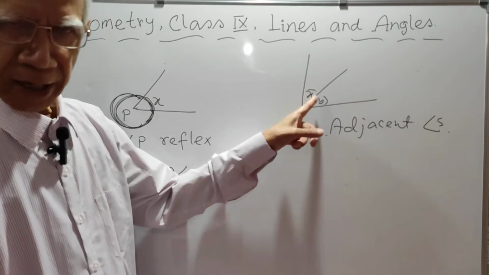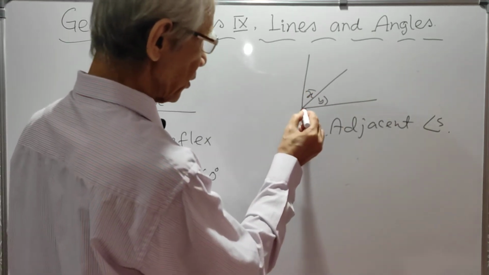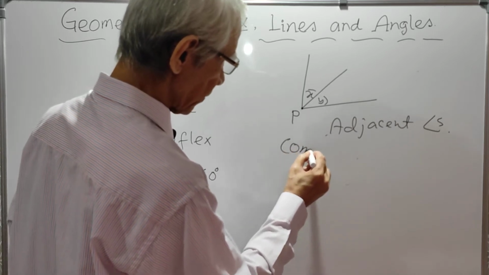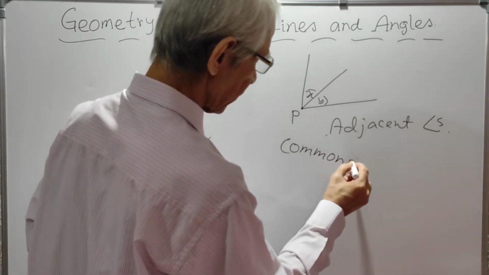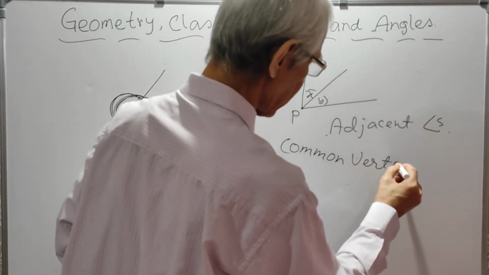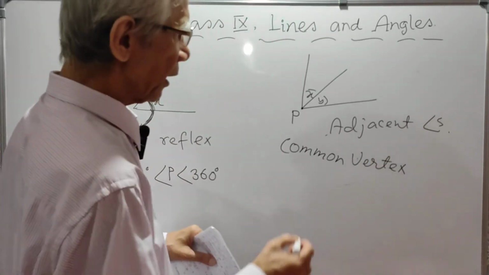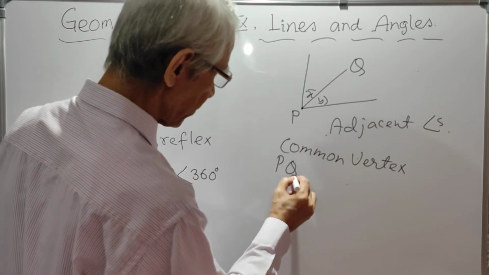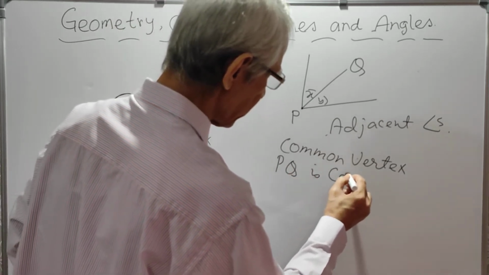Now two adjacent angles have one common vertex. This is a common vertex, suppose P. So P is the common vertex. And it has a common arm, suppose PQ. So PQ is the common arm.